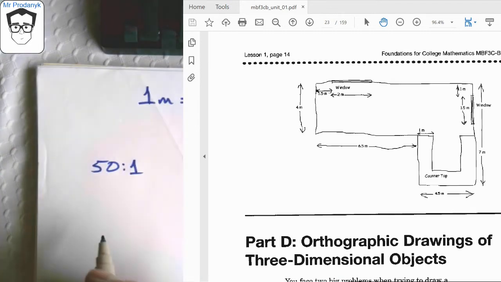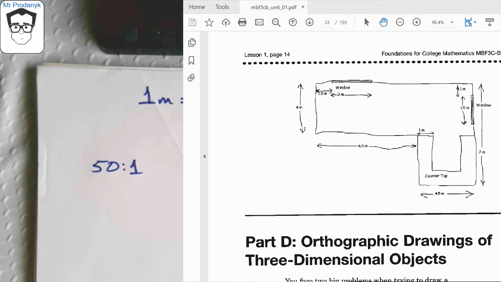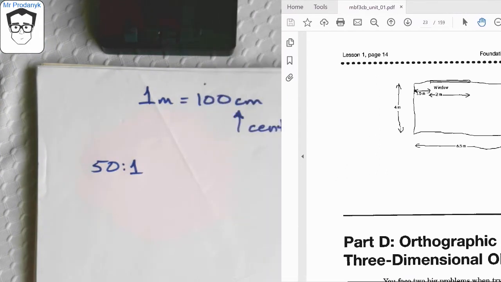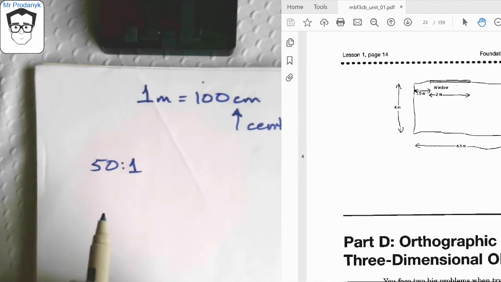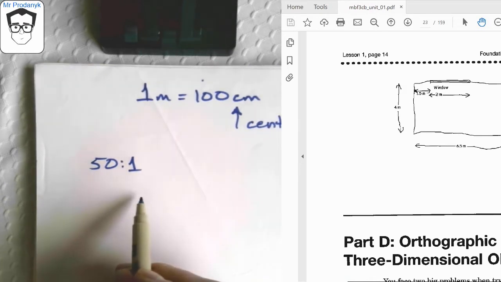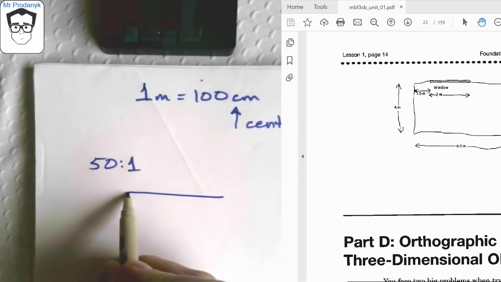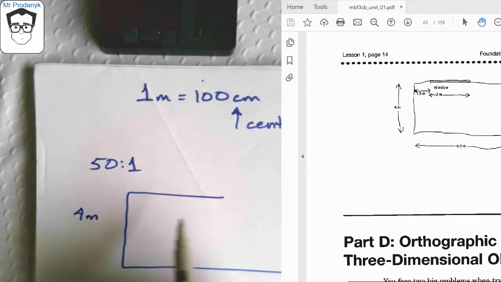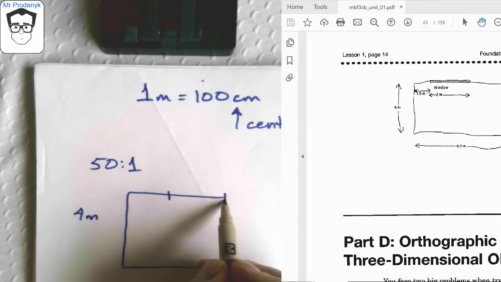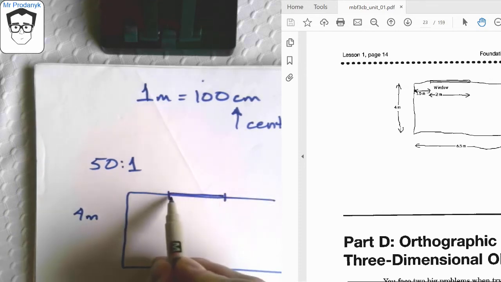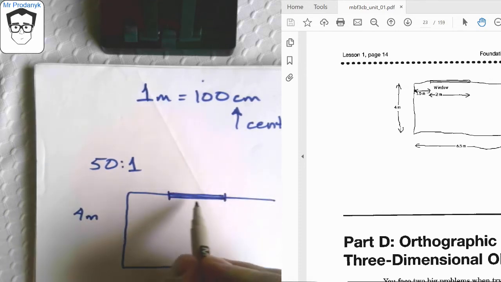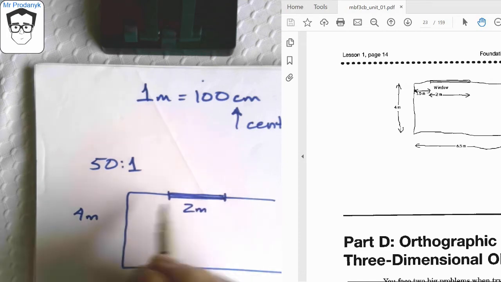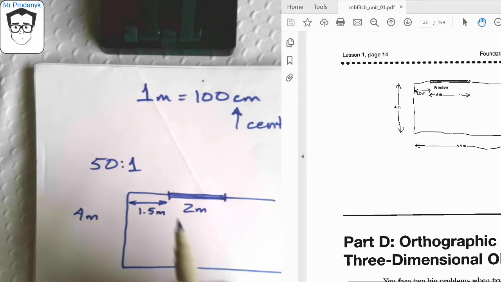So if we look at that first side, I'm just going to draw a portion of that drawing right there, and we have 4 meters here. We have a window located in this space right here, and he's indicated that the window is 2 meters. There's a space from the wall, 1.5 meters.